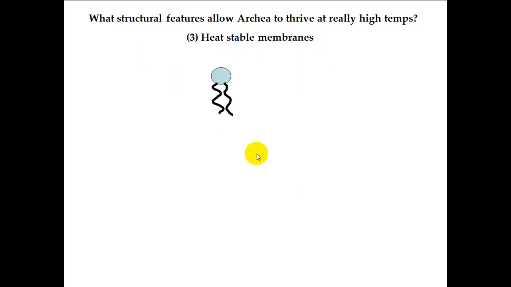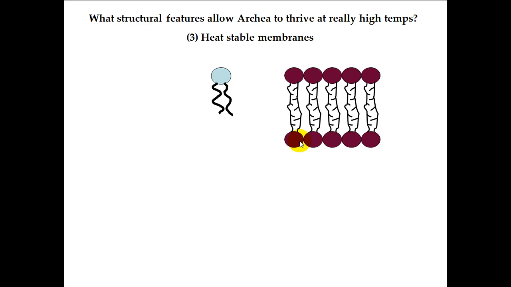And so here's what Archaea membranes look like. Instead of being made up of a bilayer of phospholipids, the molecules that make up Archaea membranes look like this. It's also a type of lipid, but the two heads are actually covalently and physically connected to one another. There's a whole bunch of these molecules that comprise the membrane of Archaea.